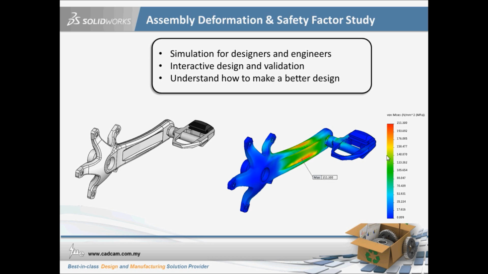Within a split second, the software will do a set of calculations and we get a result, which is on the right. The color plot indicates the red area is the high stress area. As a designer, we then know how to improve our design. From here you can see the interactive design and validation, and this is how it can help.